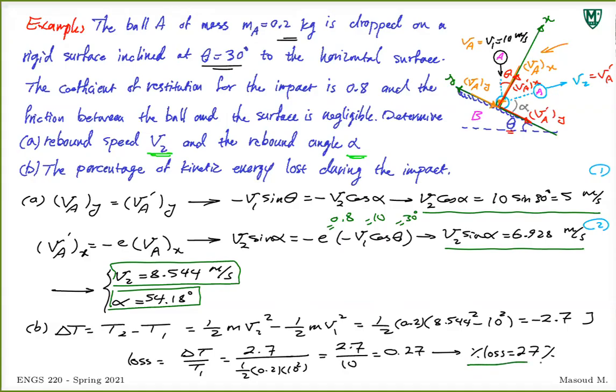So because of this impact, 27% of kinetic energy is lost. Right? You know velocity before impact, velocity after impact. Find how much kinetic energy you lost. The percent would be just dividing that by whatever you have. Just trying to explain that.